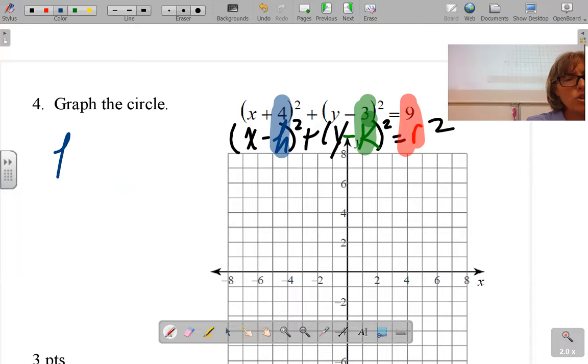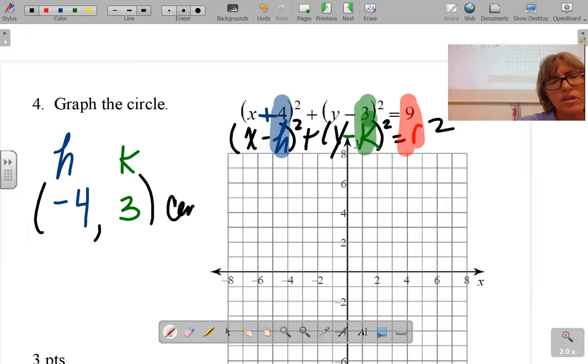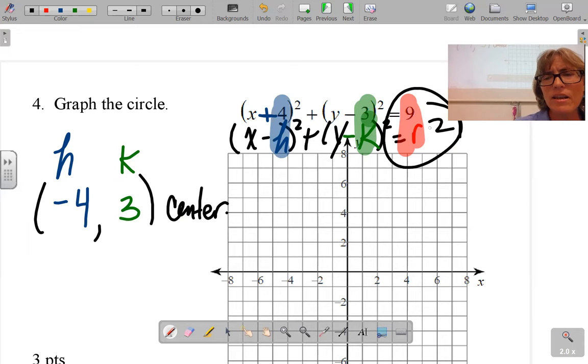So our h, notice it swapped the sign, which means our original h had to be -4. K did not swap the sign, so that's +3. That is the center of your circle. And then we have r squared is 9. So your radius is therefore the square root of 9, which is 3.